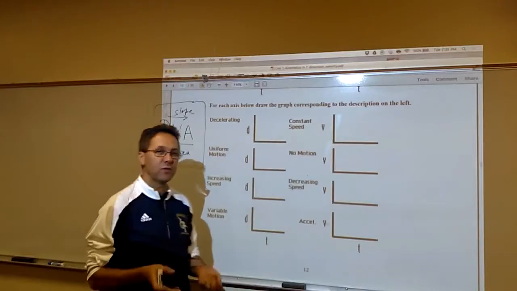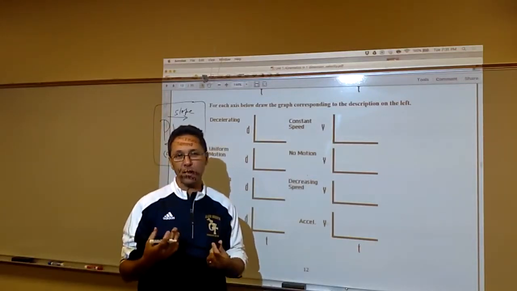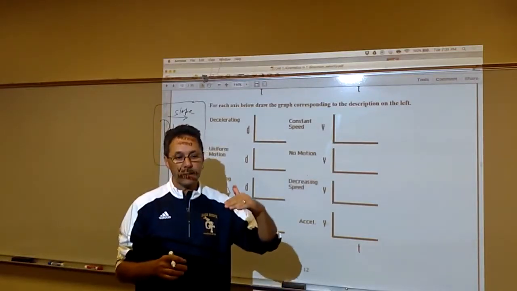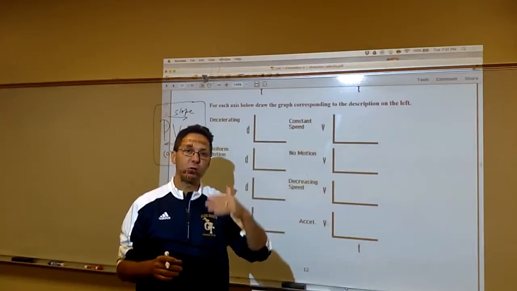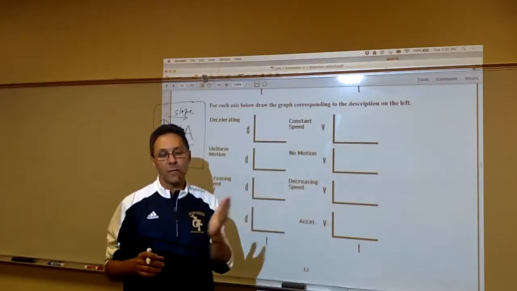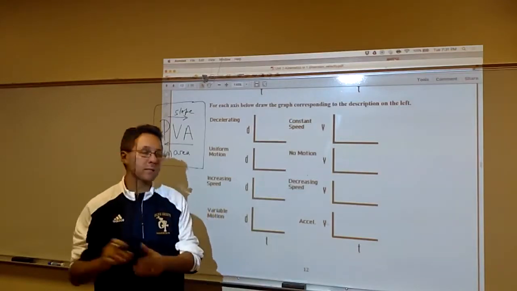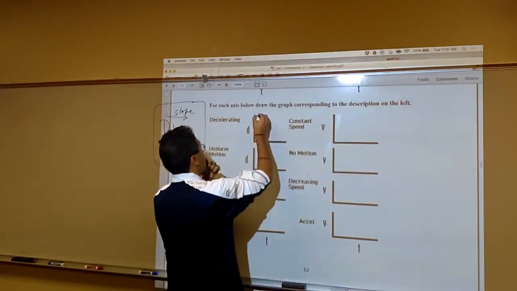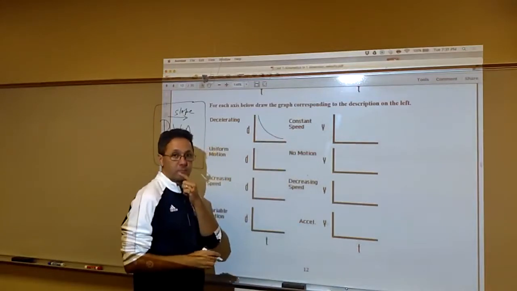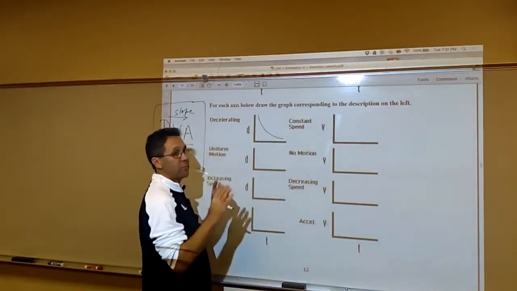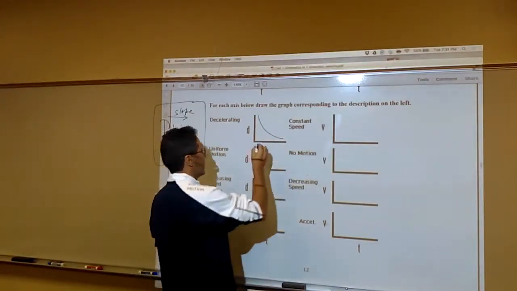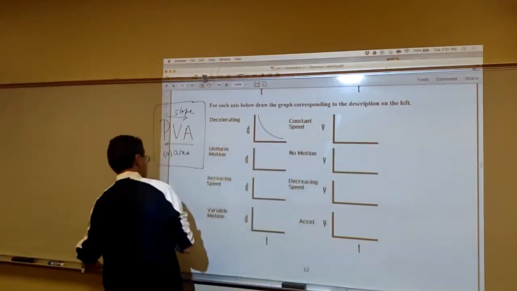So all I have to do is show something that has less and less of a slope in time. As the time passes, the slope in the position time gets less. So I can do maybe something like that, right? But it will not be a straight line though. Or it could be something like here in red.